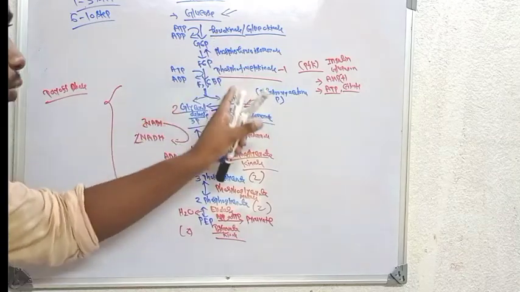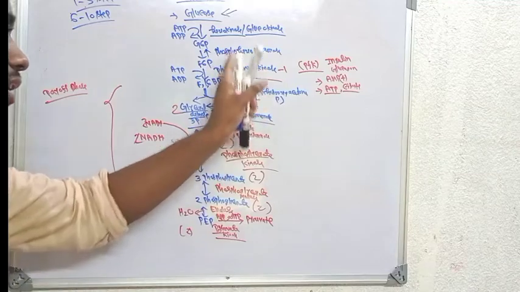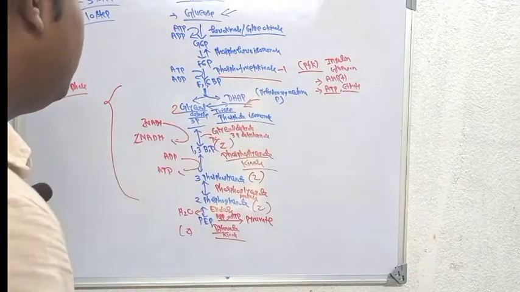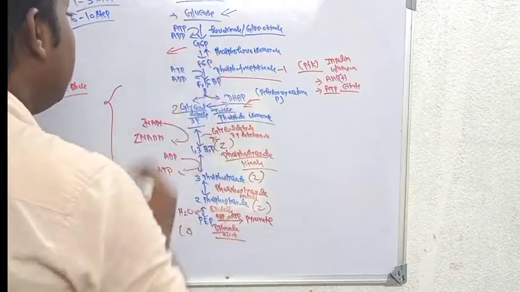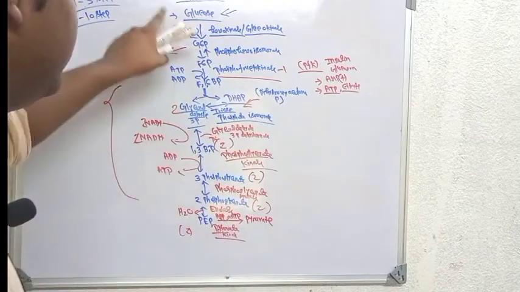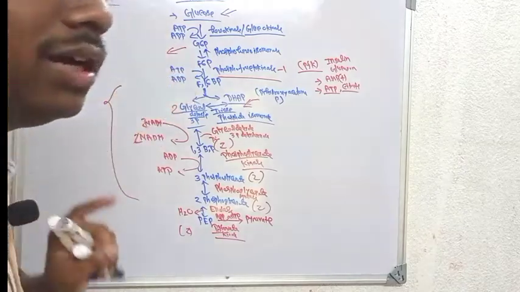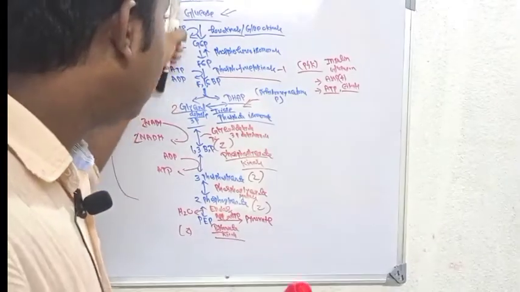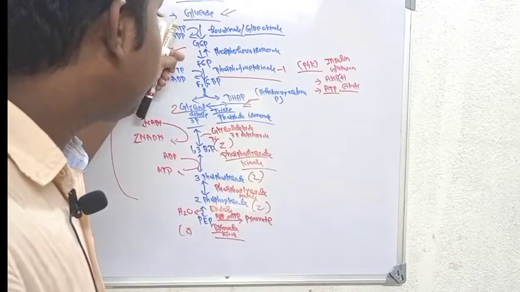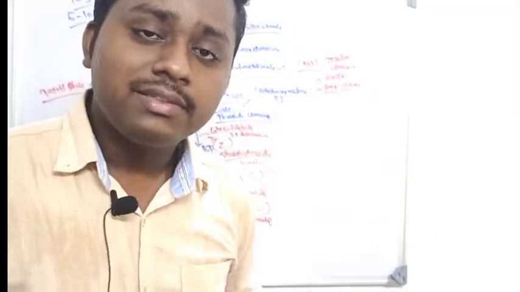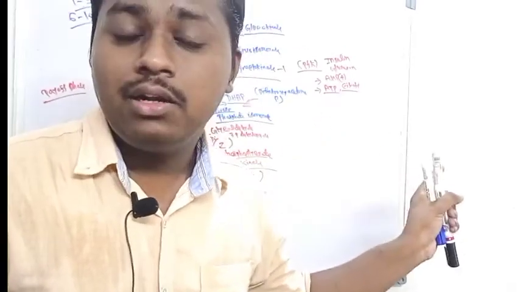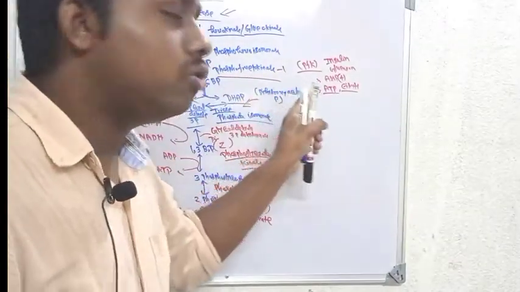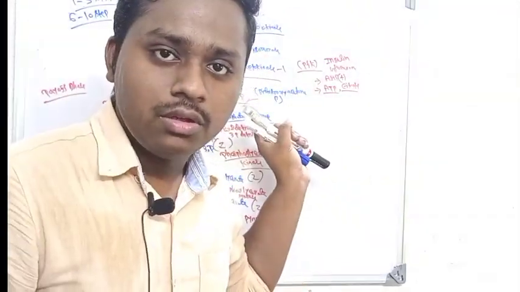It means it is the slowest reaction and it determines the rate of the reaction, and this is also the committed step. Why is it the committed step? Because at this point, from glucose to glucose 6-phosphate to fructose 6-phosphate, glucose has still not entered into the glycolytic pathway until this phosphofructokinase works on the molecule.